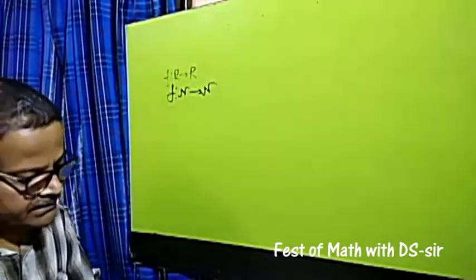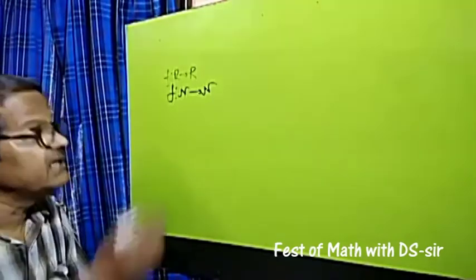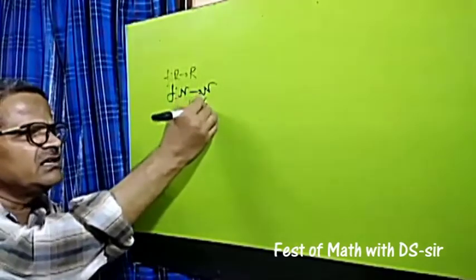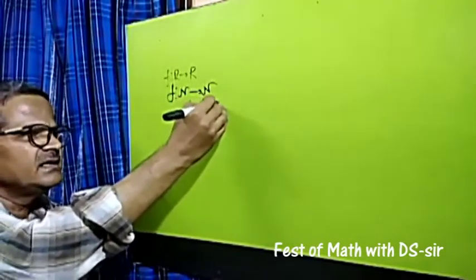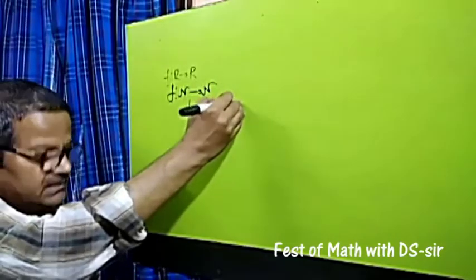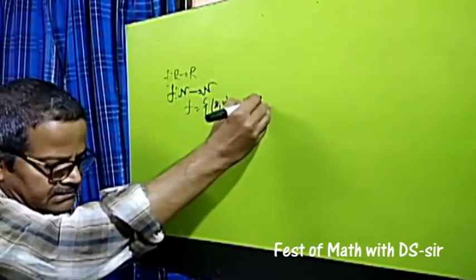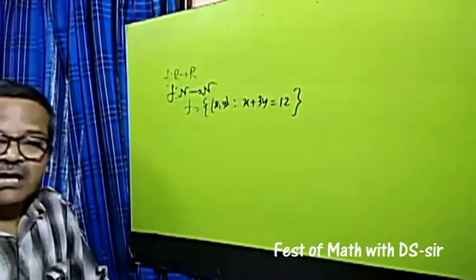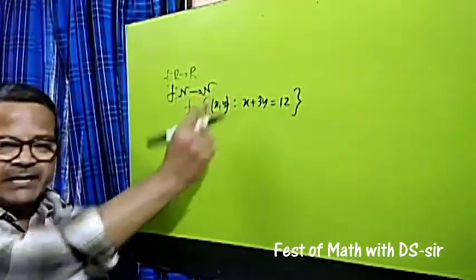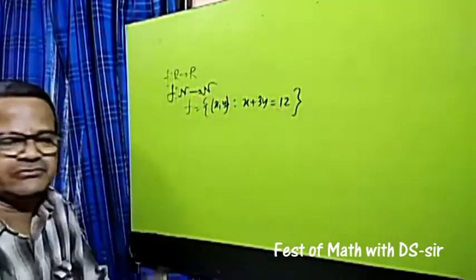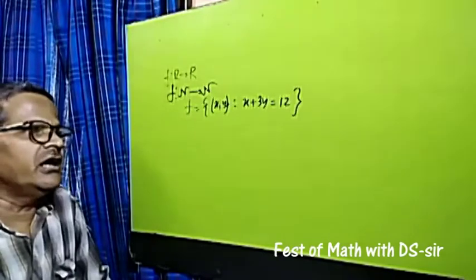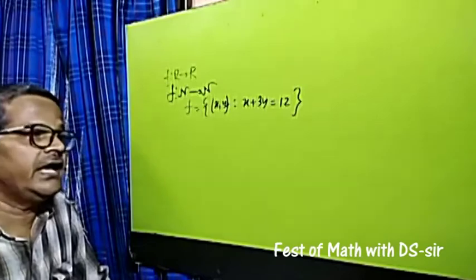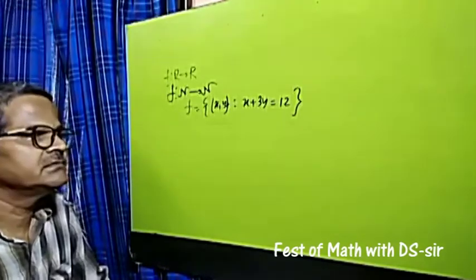You have to define f on the set of natural numbers by f is equal to ordered pair (x, y) such that x plus 3y equal to 12. Now we have to find the ordered pairs where x plus 3y is 12. You are asked to write the domain and range and to draw the arrow diagram of the relation.